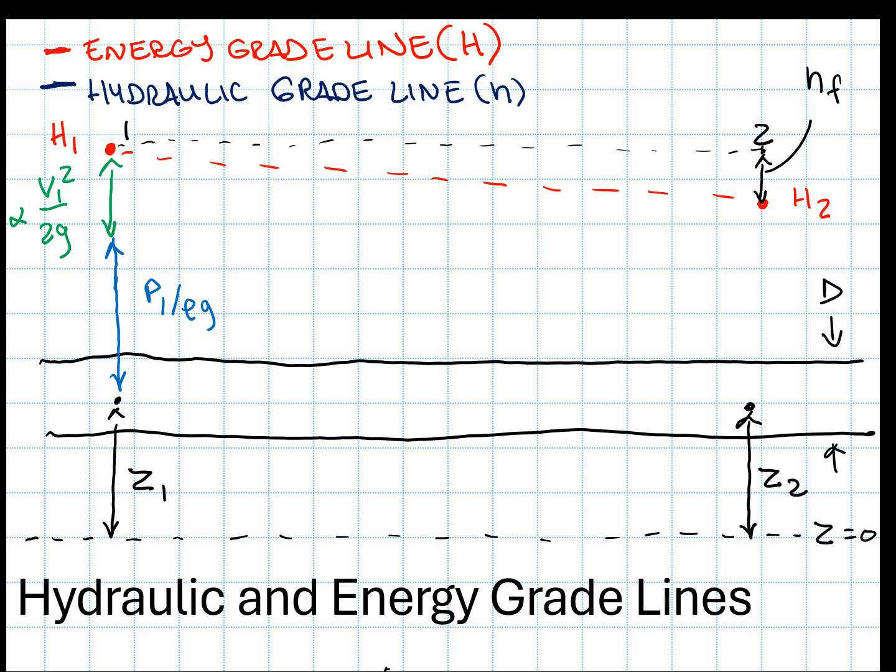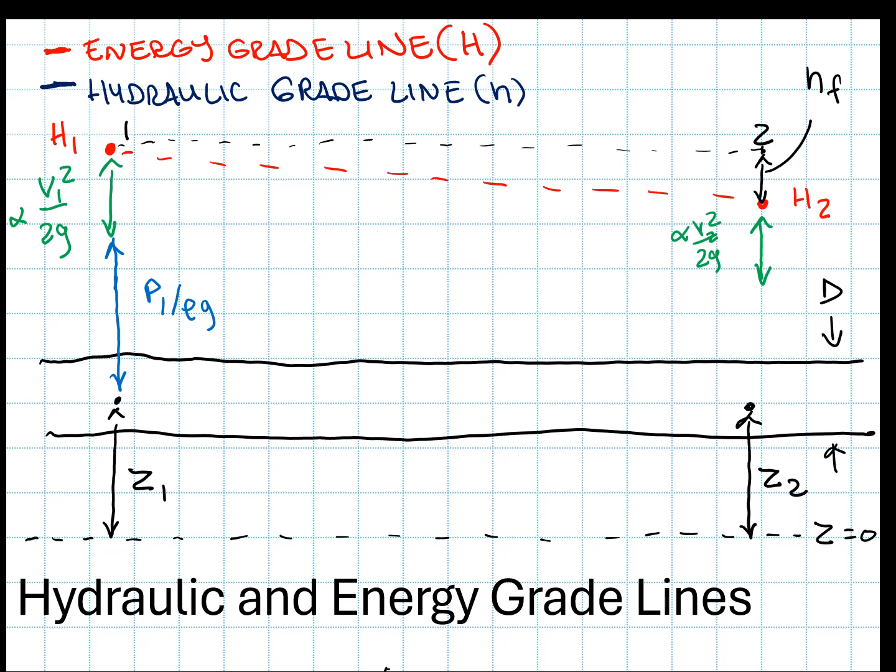The cross-sectional area isn't changing, so therefore my velocity can't change, and that means that my velocity head also cannot change. So my V2 squared over 2g is going to be the same as V1 squared over 2g because my velocity hasn't changed.